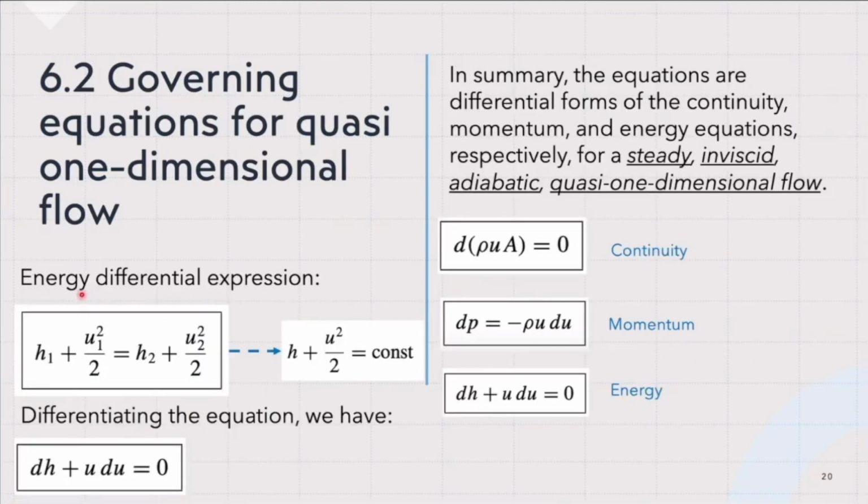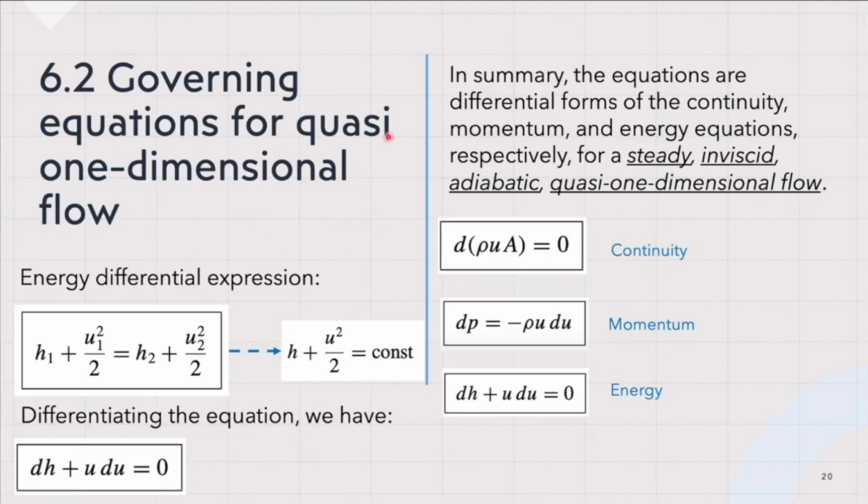Next, we want to look at the energy differential expression. So we have already looked at the continuity differential expression and the momentum differential expression. Now, the turn of the energy differential expression. Looking at this enthalpy expression, we know that the enthalpy plus velocity squared over 2 is constant, and differentiating the equation, we get this expression.